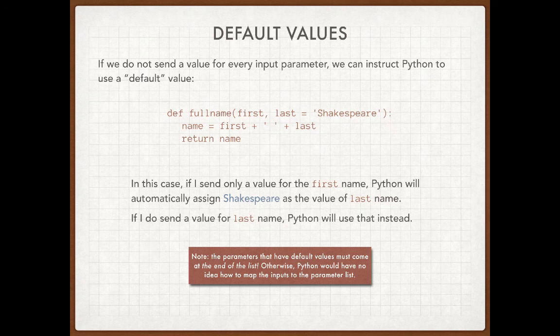This is a really common practice, but there's one little hitch about it, which is that if I specify any default values in that parameter list, the default values have to come at the end. Otherwise, if I put default values at the beginning, Python would not know if I am omitting a value at the beginning or not. It just can't count the number of arguments properly.